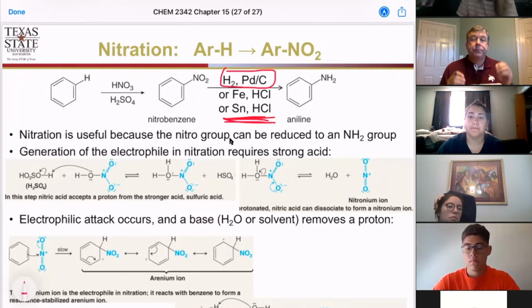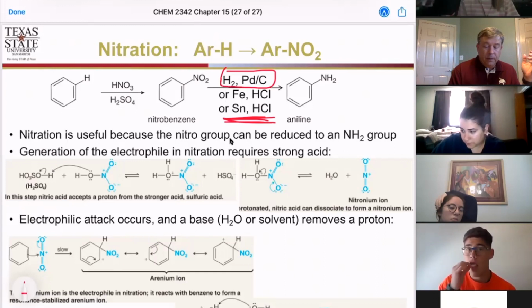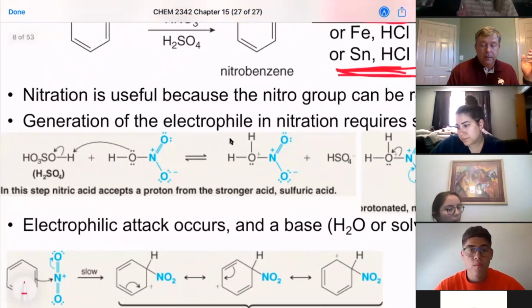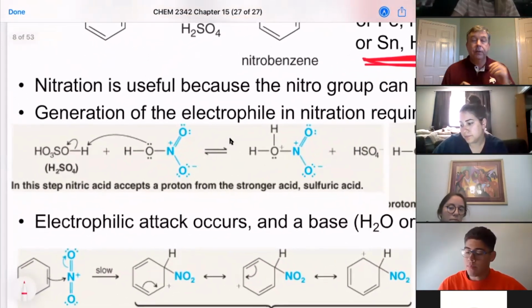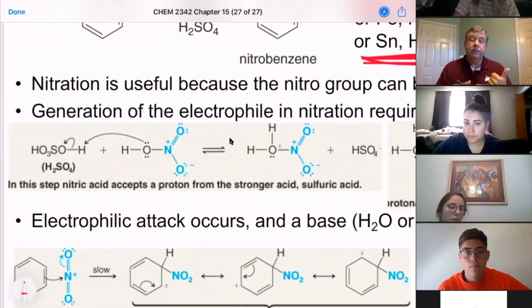Just like before, the first thing we need to do is create our electrophile. To create our electrophile in the nitration reaction, we take nitric acid and another strong acid, sulfuric acid.